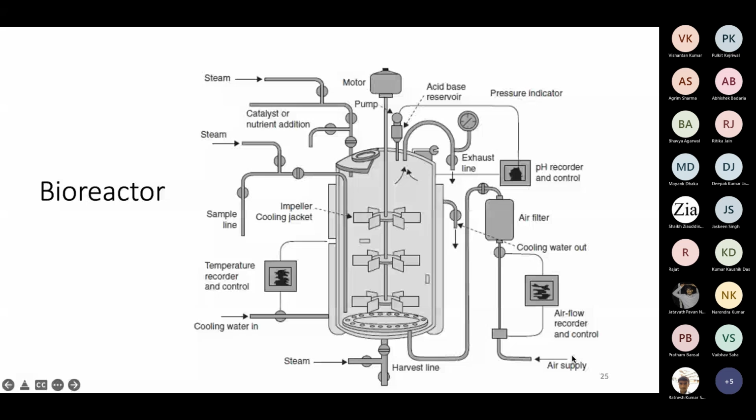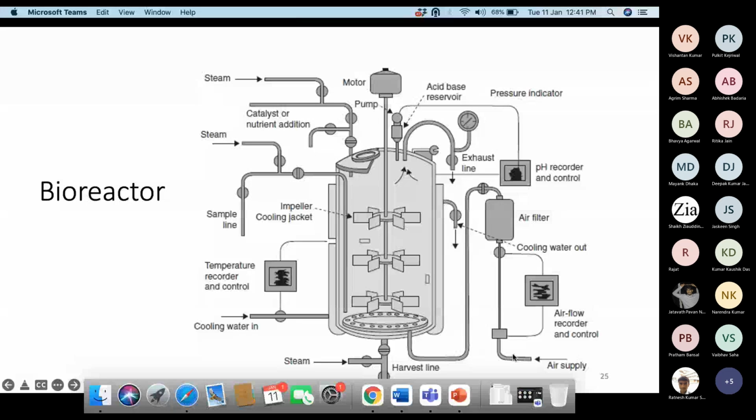Okay. So the central unit, or heart of the production process, is the bioreactor. So I'll just spend a little bit of time to discuss the different units or components of the bioreactor. So you can see the central vessel.